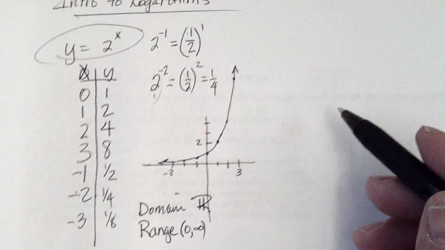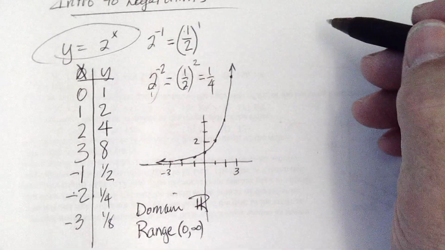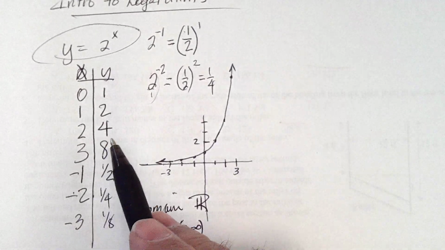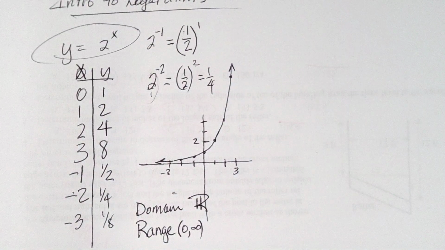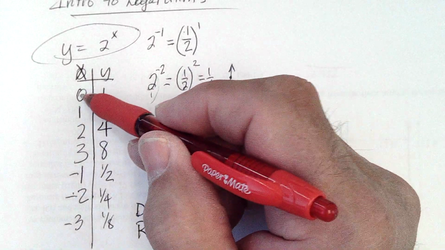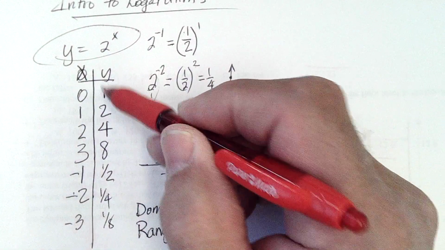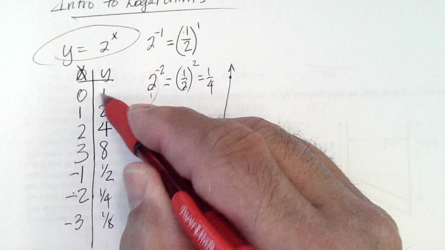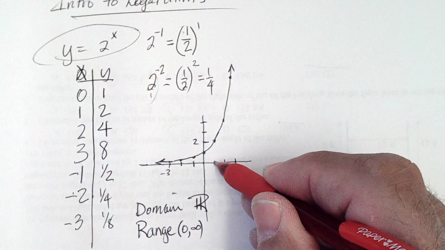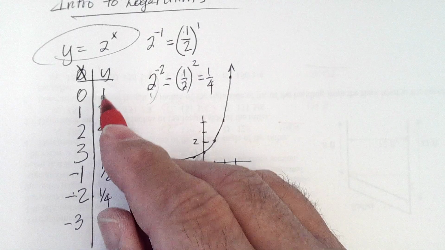Now let's do this graph's inverse. So now I'm going to graph, instead of this being x and this being y, the inverse is the other way around. So 1 is going to be 0, x, y.